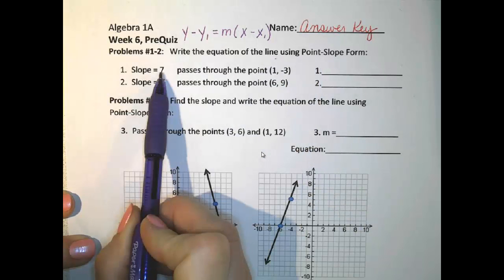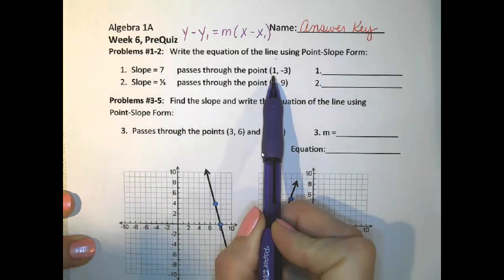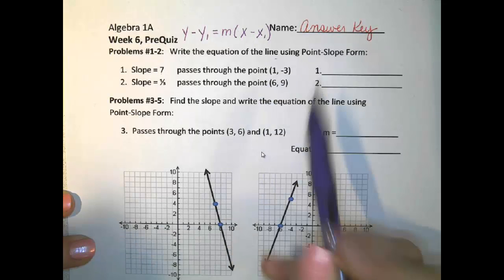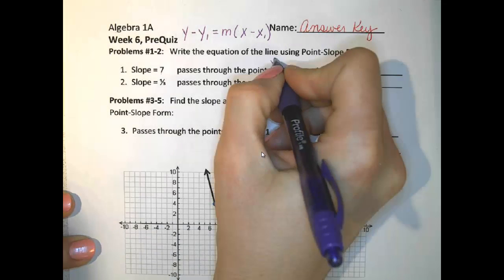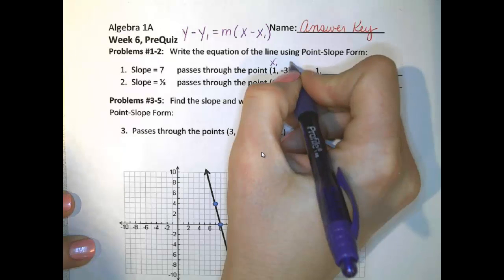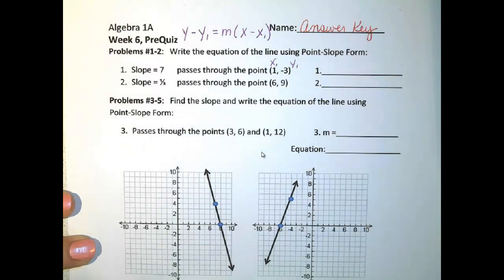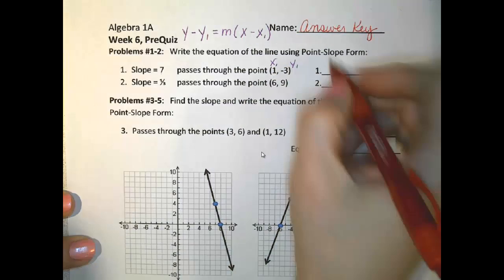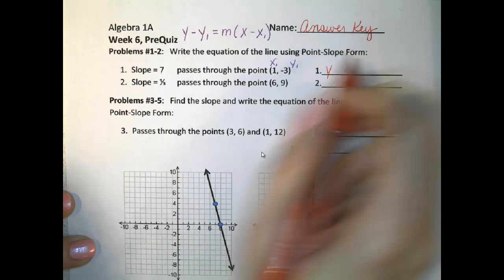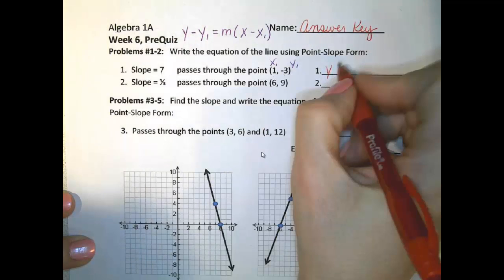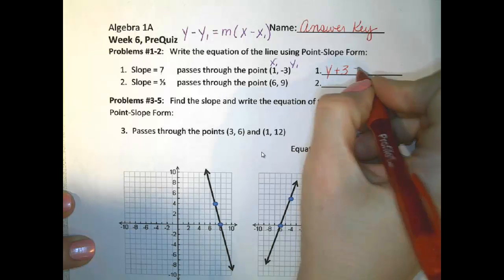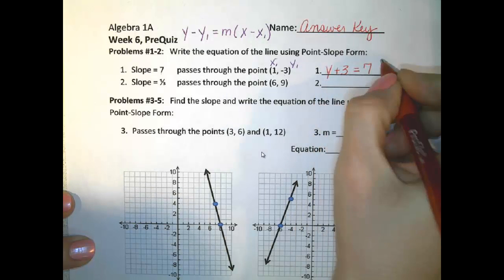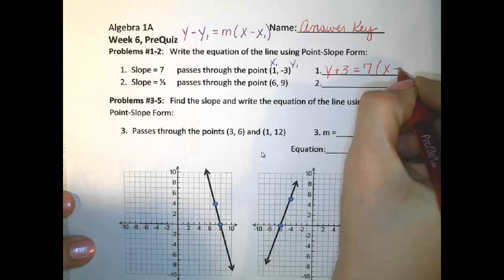I'm given a slope of 7 and the point (1, -3). That means that 1 is x1 and -3 is y1. So the equation of this line would be y minus negative 3, which becomes plus 3, equals 7 for slope times x minus 1.